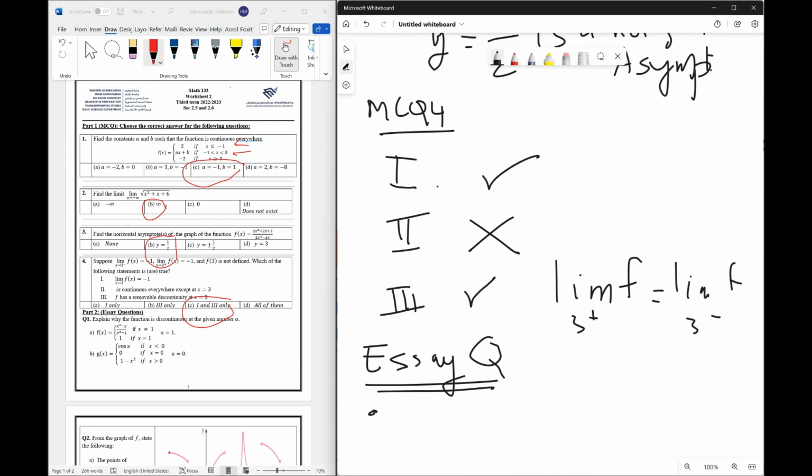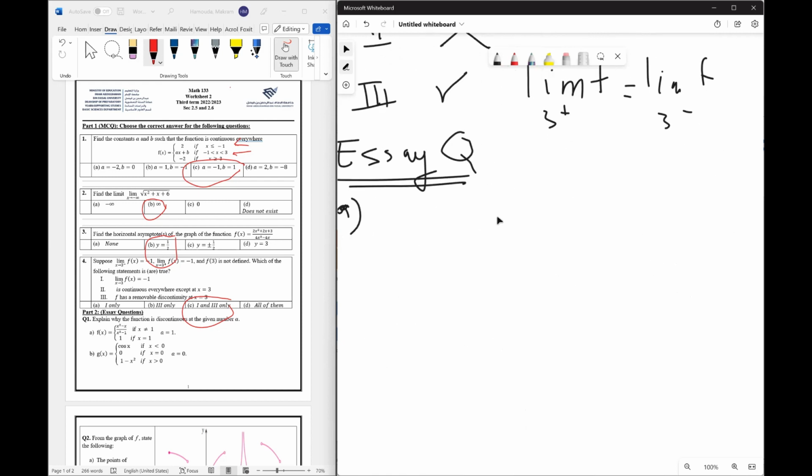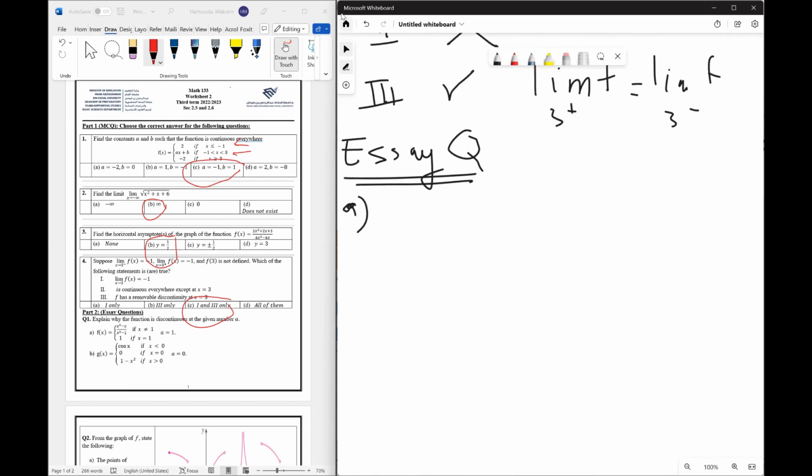So for A, remember that the continuity is guaranteed when we have, let's say, one condition, which is limit of f of x when x approaches a is equal to f of a.